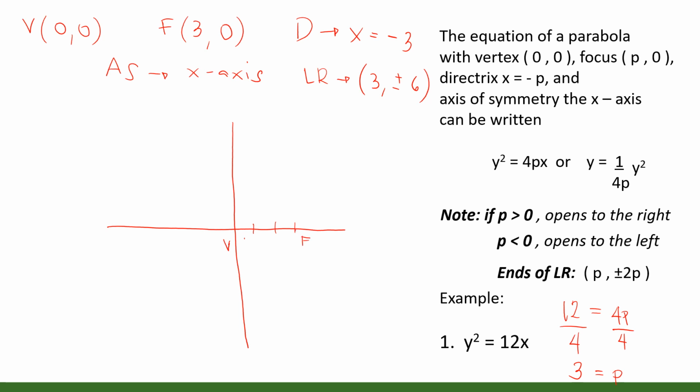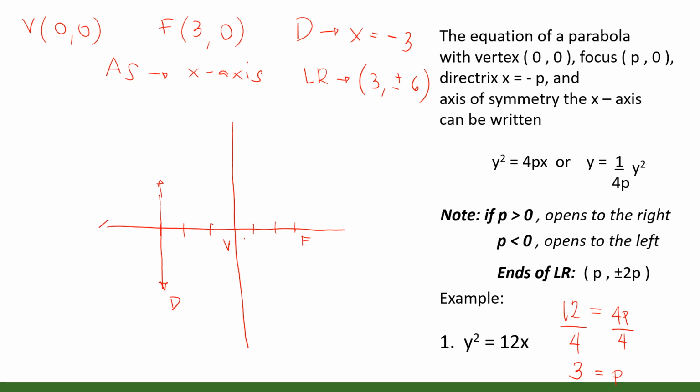Okay? Directrix, x equals negative 3. So from the origin, we go back 1, 2, 3. And this line will serve as our what? Directrix. Okay? The axis of symmetry is the x-axis.